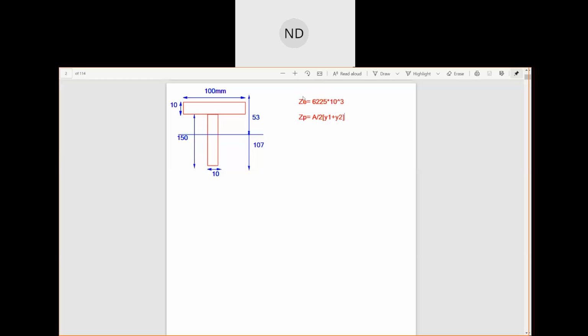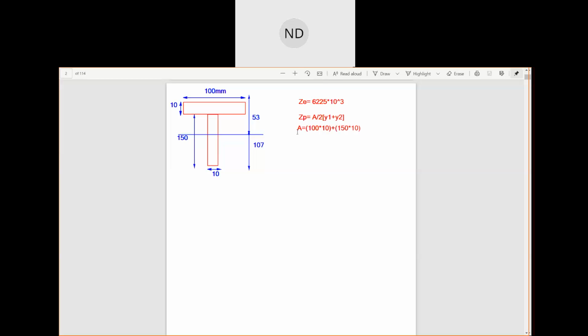So we have to find out ZP by ZE. Now we'll find out our ZP. To find ZP, you have to know your area. Area we had already calculated from this figure: A1 is 100 into 10, plus 150 into 10.